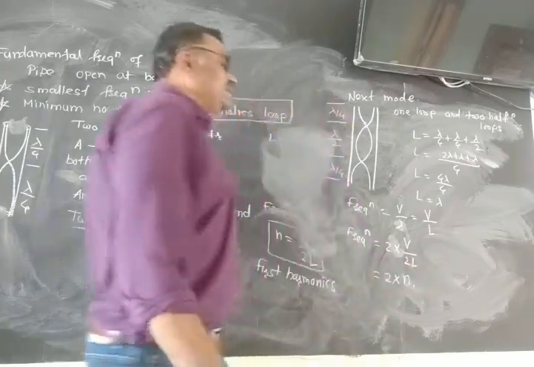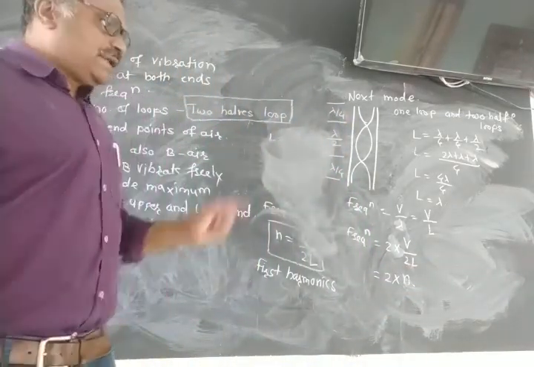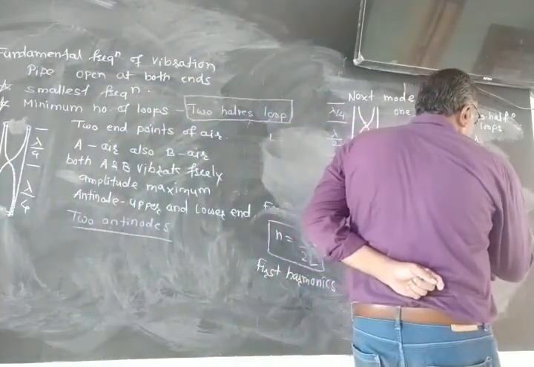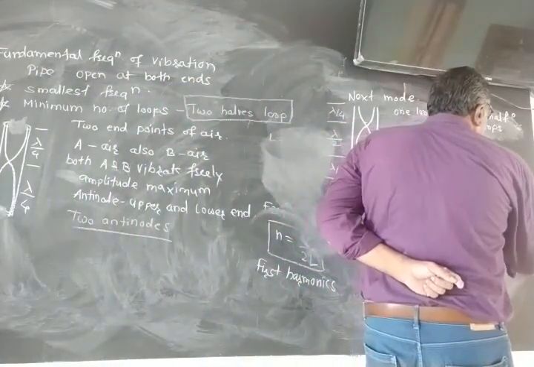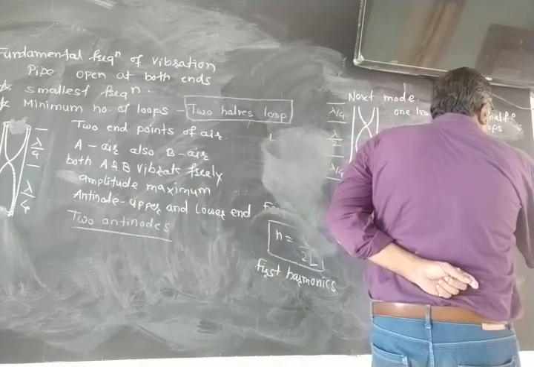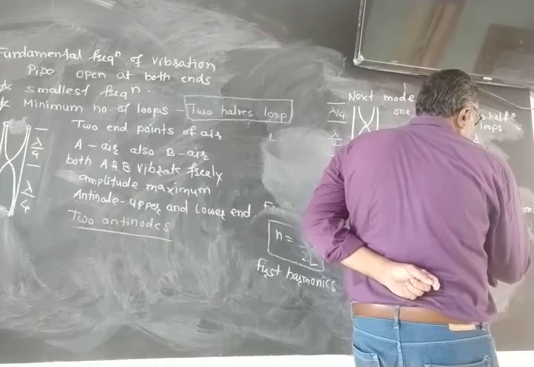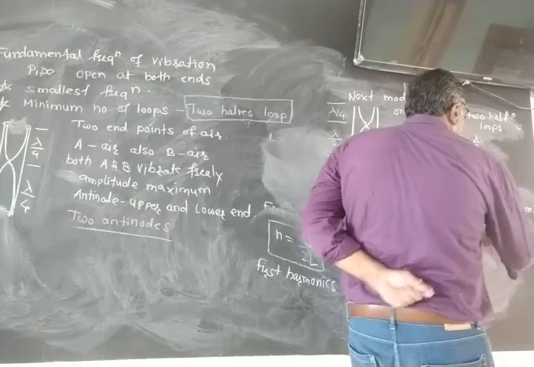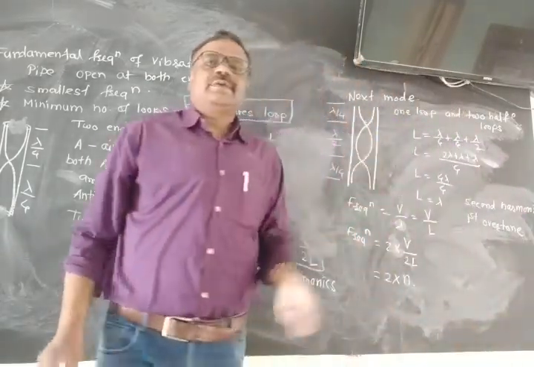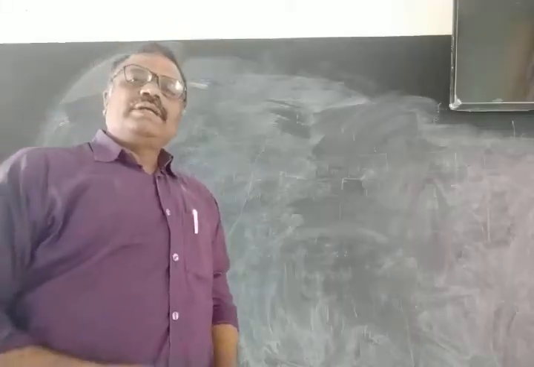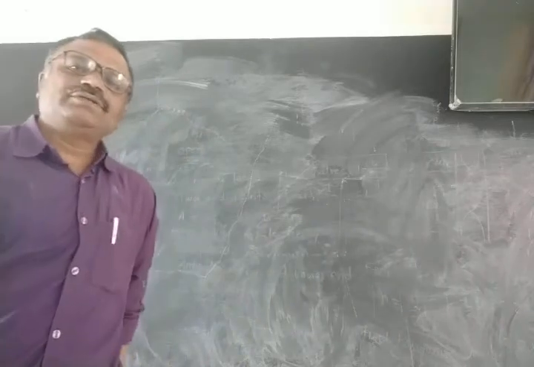This is our observation. This frequency is known as frequency of second harmonic, or this is known as frequency of first overtone. In this way, we get the next frequency with which the air column can vibrate.